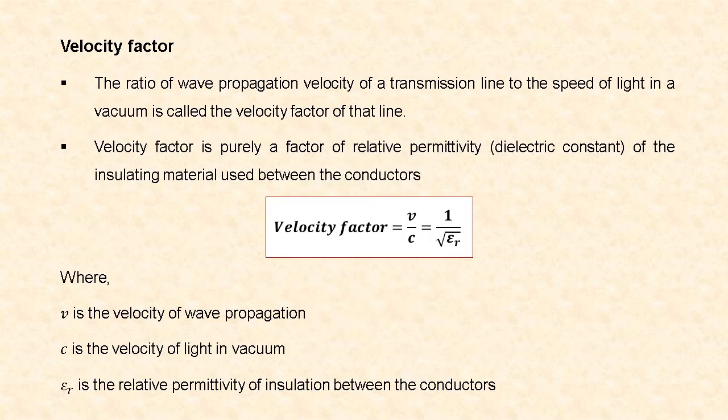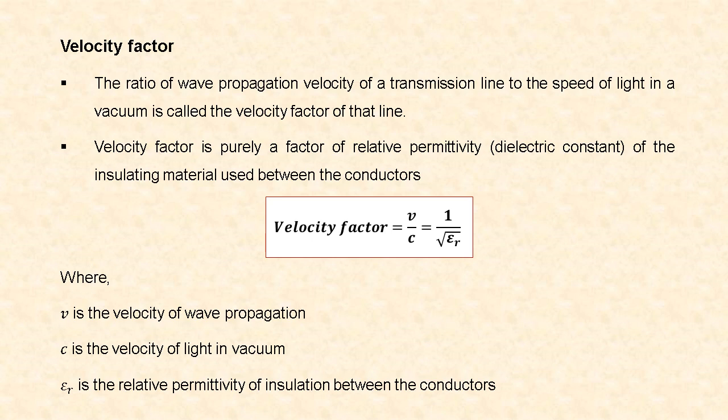Next, velocity factor. It is the ratio of wave propagation velocity of a transmission line to the speed of light in vacuum. This velocity factor is purely a factor of the relative permittivity, that is the dielectric constant, of the insulating material used between the conductors.